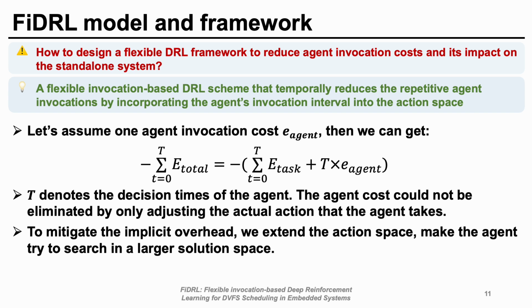The idea is that we need to temporarily reduce the invocation of the agent. So we need to extend the action space, making it contain not only the actual action that the agent takes, but also the decision period that the agent applies for the action.